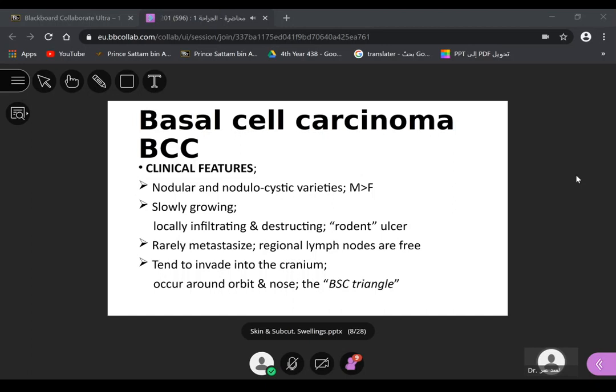So any swelling in the face above the upper lip is most likely a basal cell carcinoma. This area is known as the basal cell carcinoma triangle, a line joining the angle of the mouth to the ear pinna on both sides. So 90% of basal cell carcinoma happens above this line.